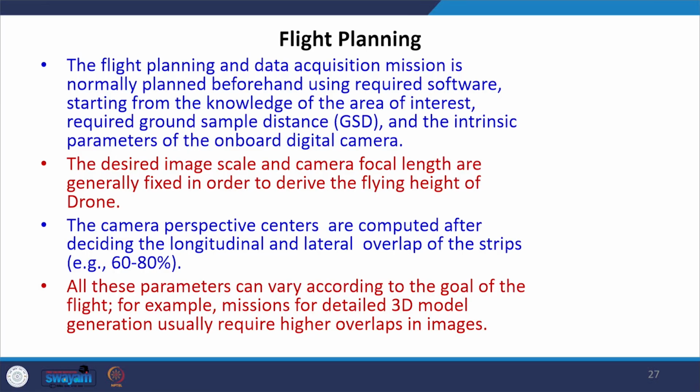As I mentioned, we have to do flight planning as we do in aerial photogrammetry. Flight planning and data acquisition missions are normally planned beforehand using software. We have various software which can help us in flight planning, starting from the knowledge of the area of interest, then the ground sampling distance, and the intrinsic parameters of the onboard digital camera, because it has to be calibrated.